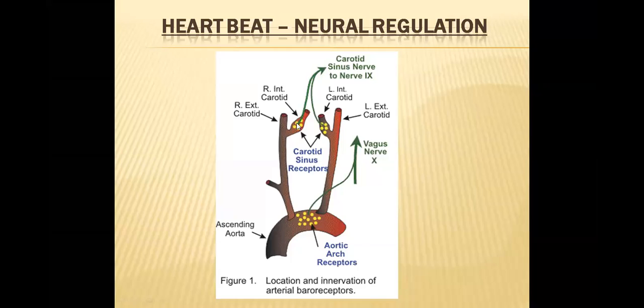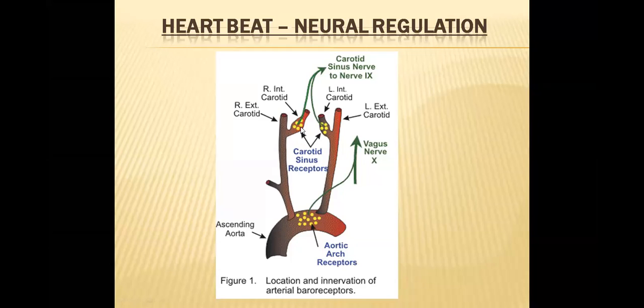At the base of the internal carotid arteries, there is a bulb-like swelling. These are called carotid sinuses. In these carotid sinuses also, carotid sinus baroreceptors are there. So two types of baroreceptors are there: aortic baroreceptors and carotid baroreceptors.